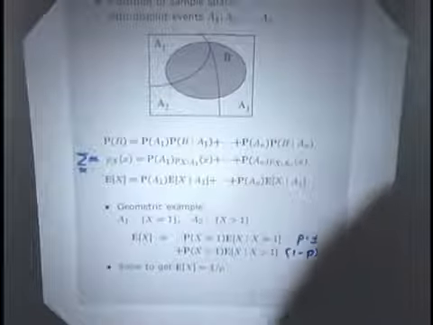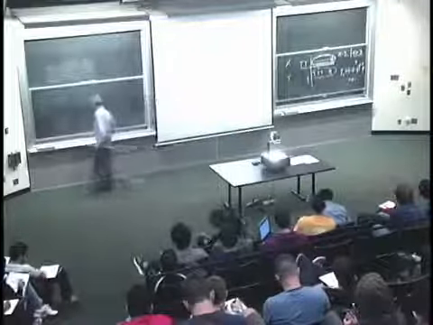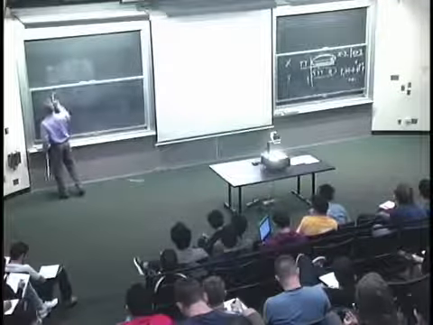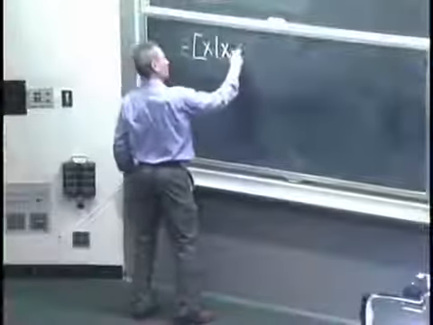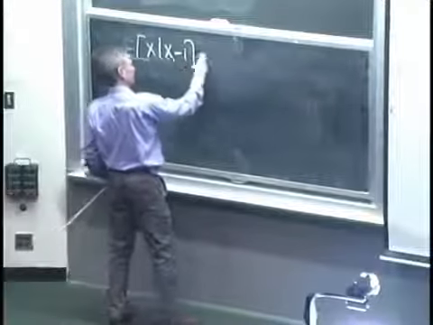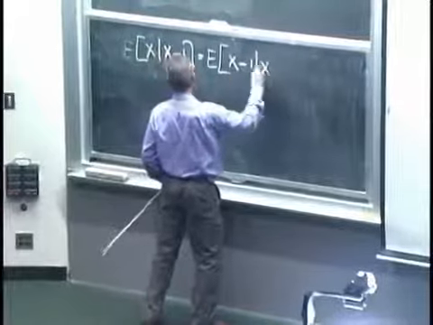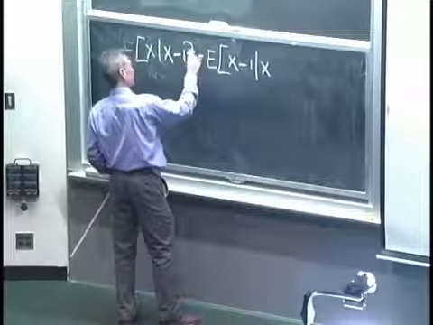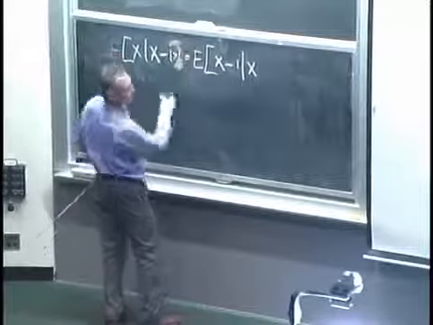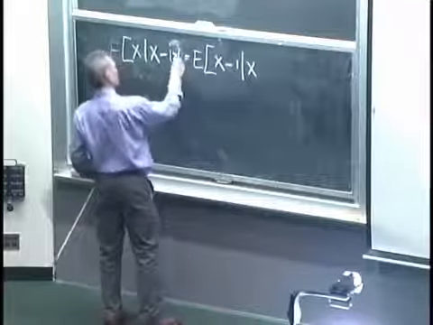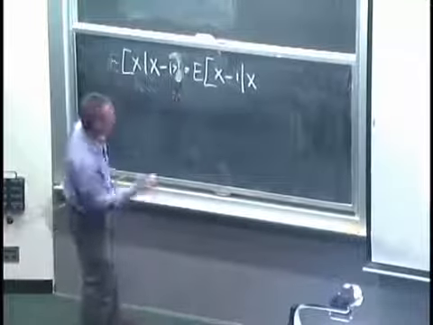And then we need to do something about this conditional expectation. What is it? I can write it in a perhaps more suggestive form as the expected value of x minus 1, given that x minus 1 is positive, that is, x is bigger than 1.